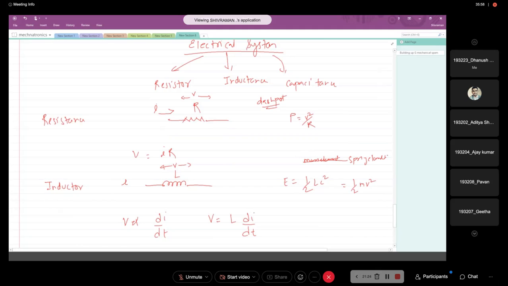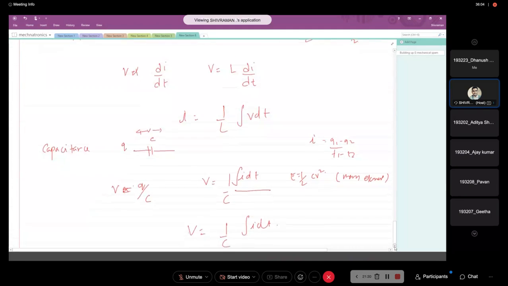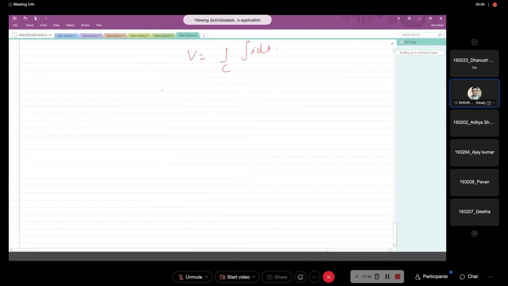Now we have to develop an electrical system model. Basically, building a model for an electrical system.